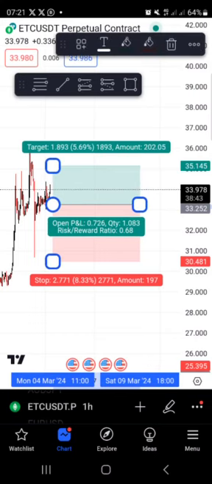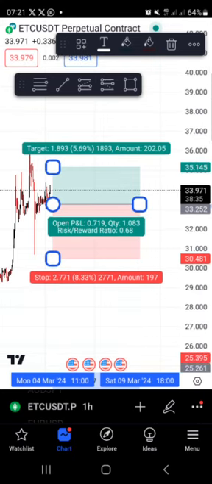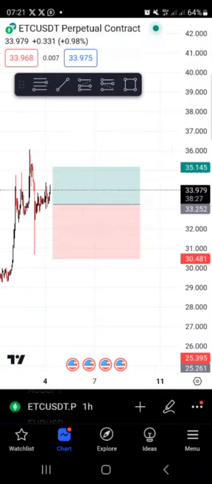In the case of long, the stop loss is below the entry. The chart increases as it goes higher, so the stop loss is lower and the entry is higher. So you subtract the stop loss from the entry.